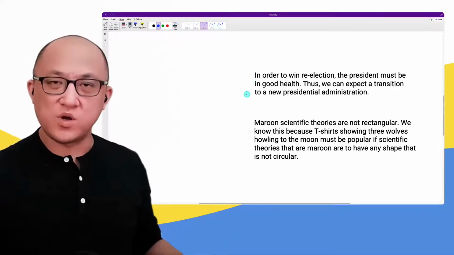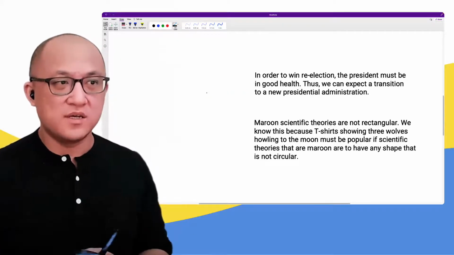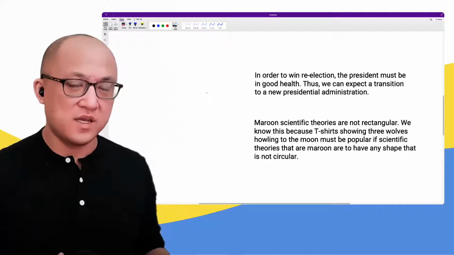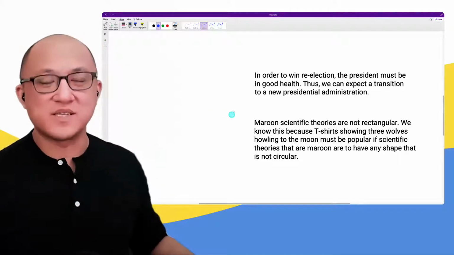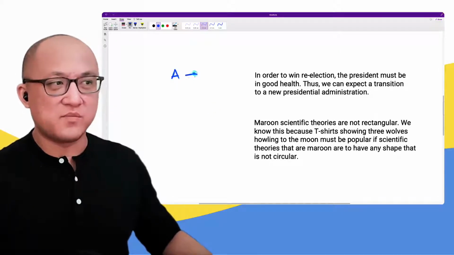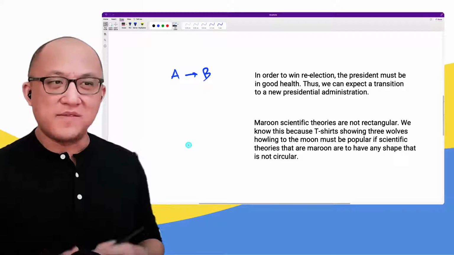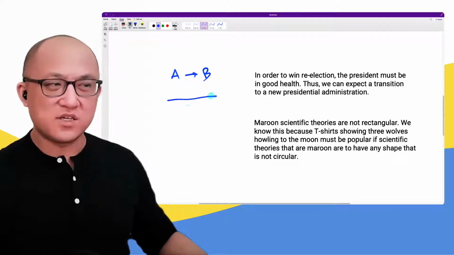Yeah, in the first one, we have this rule that says in order to win re-election, the president must be in good health. And the word must there is telling us that's a necessary condition, right? So that's like if A, then B. And then they're trying to get to this conclusion. Now there's a little bit of a shift in the conclusion, right?